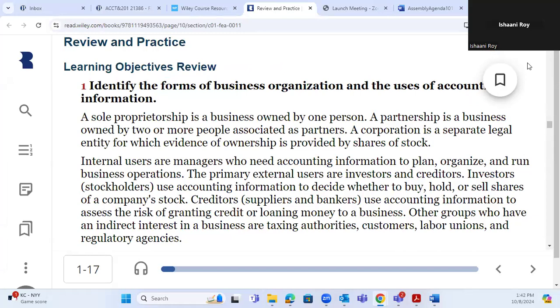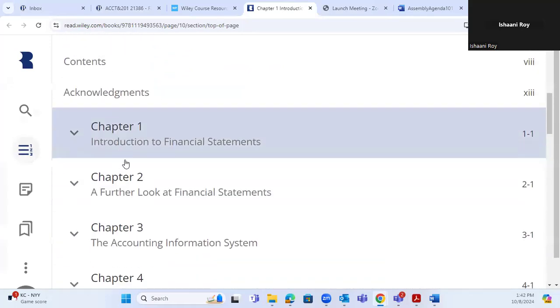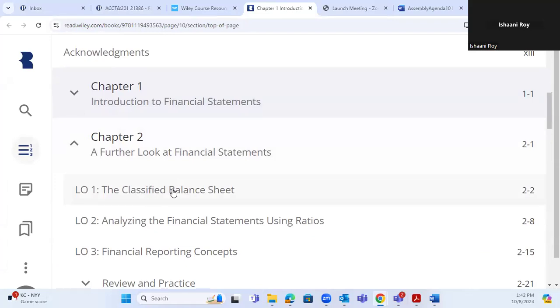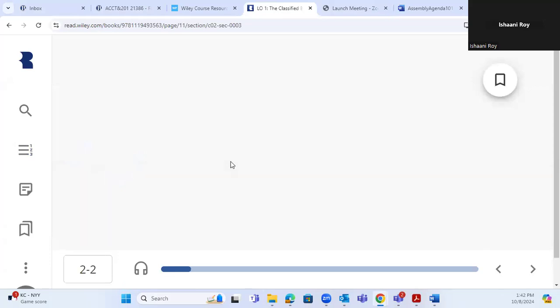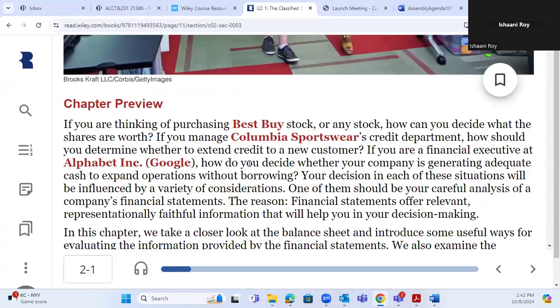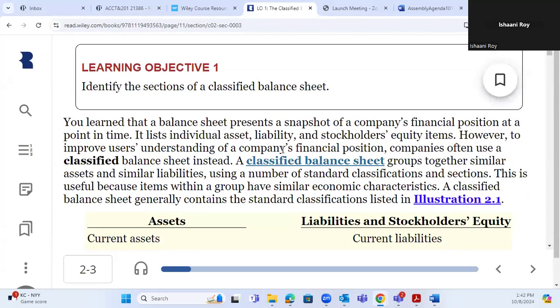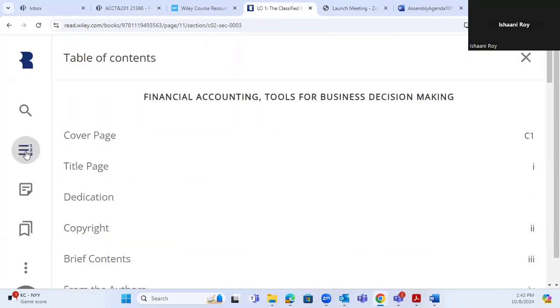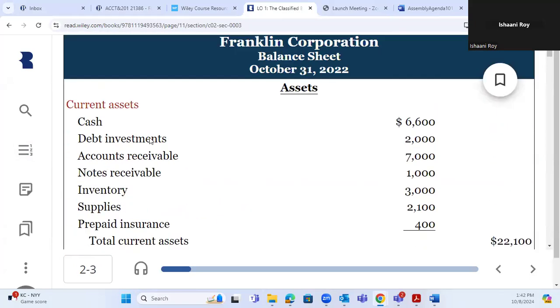Okay. So you come over here and you find your chapter 1. We're on chapter 2. Open it up. There's a great example in your textbook, and I use this example all the time. It's the Franklin balance sheet.